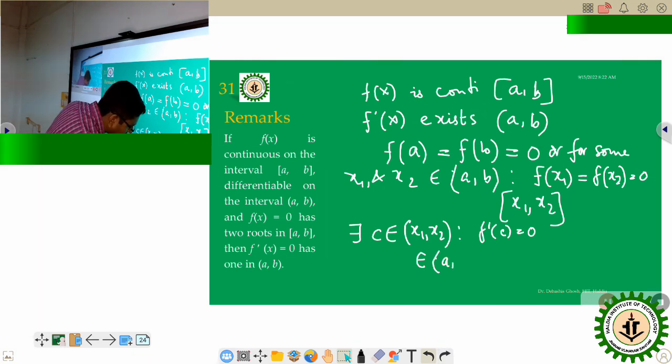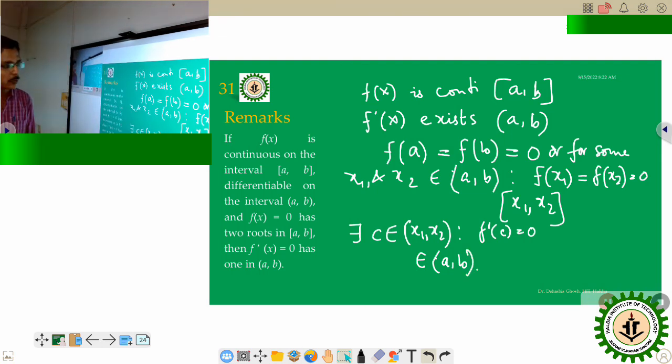So therefore, if a function has two roots, satisfying the conditions of Rolle's theorem, then the function's derivative also has one root in between that interval. That's another consequence we can get.